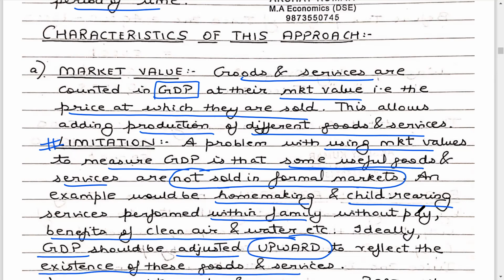That means we are underestimating the GDP of the economy by not counting services like homemaking, child rearing, benefits of clean air, water, etc. If we also add these activities, our GDP would be inflated upwards.